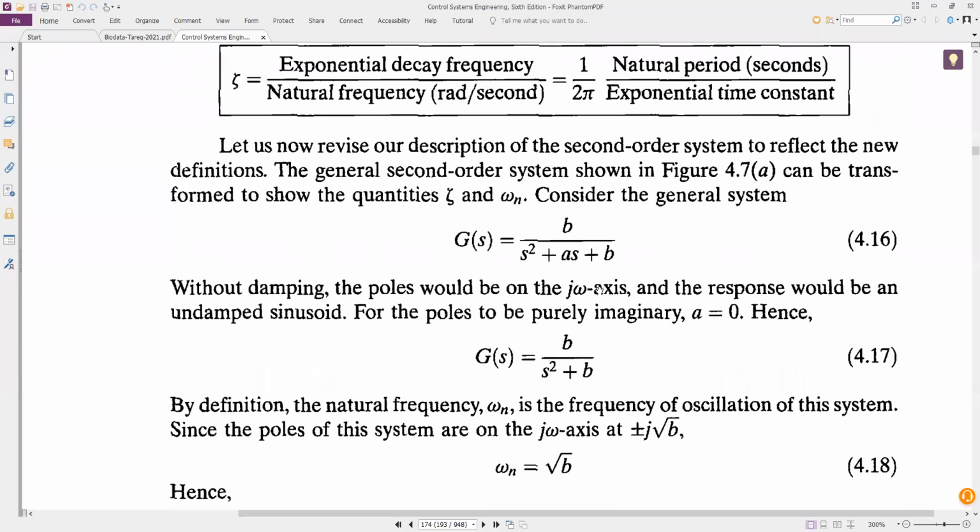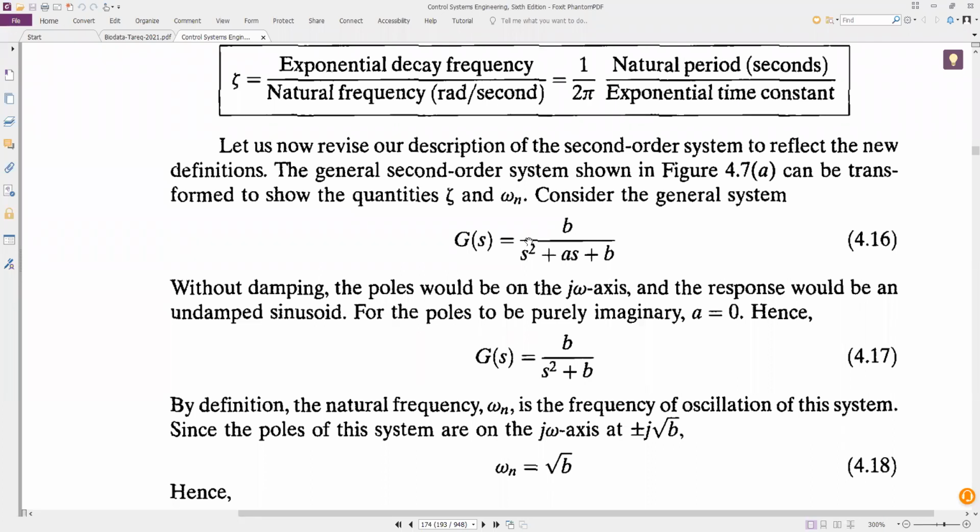So now consider the general equation. The transfer function G(s) is equal to B by S square plus A S plus B. From here we'll show zeta and omega n.